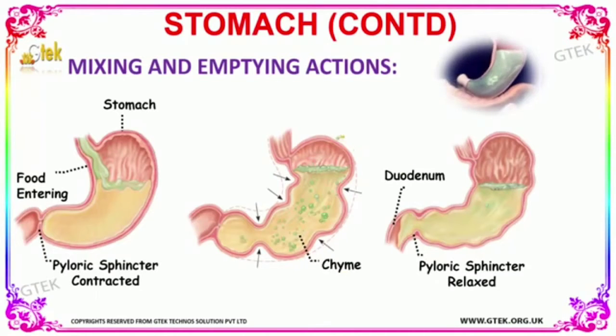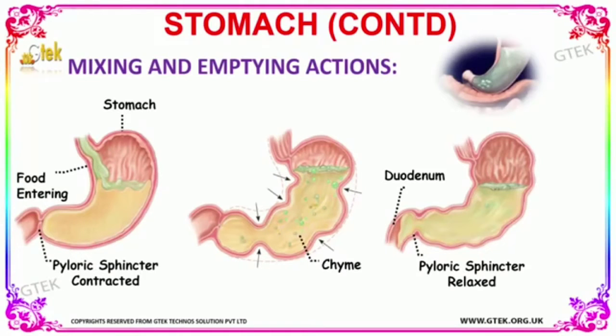So here you can see how the mixing and the emptying actions are done in your stomach. Initially your food is entering over here, after which your pyloric sphincter is contracted in order to safeguard your food from moving into your duodenum.